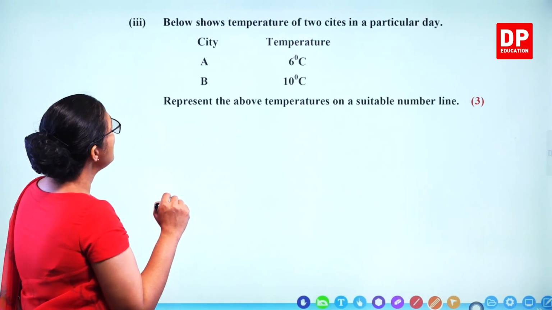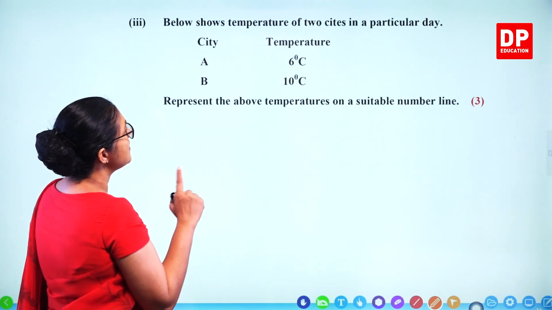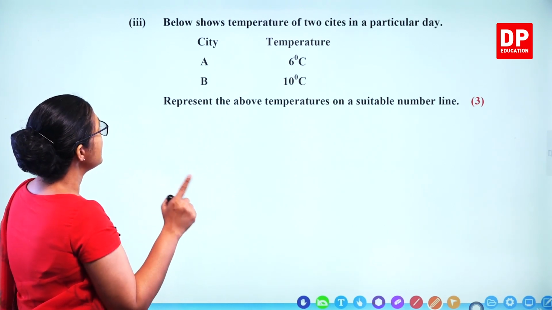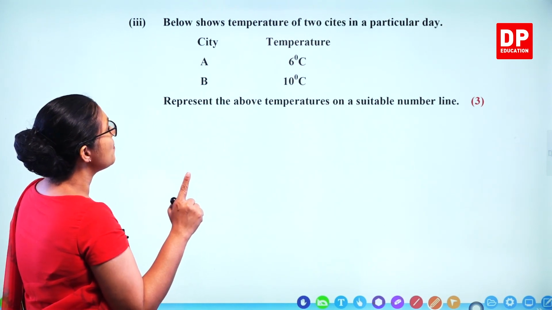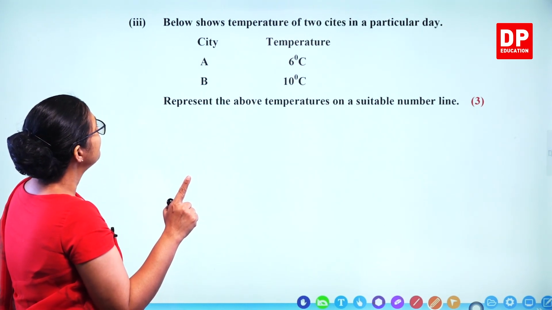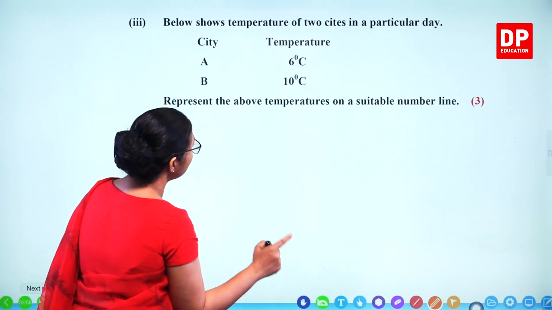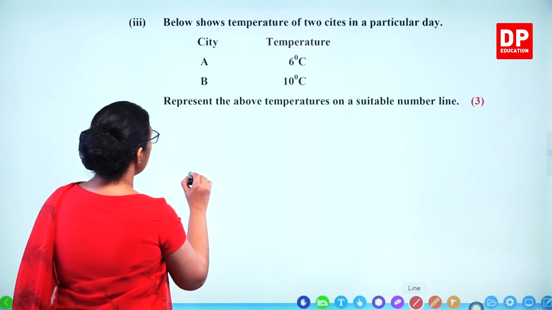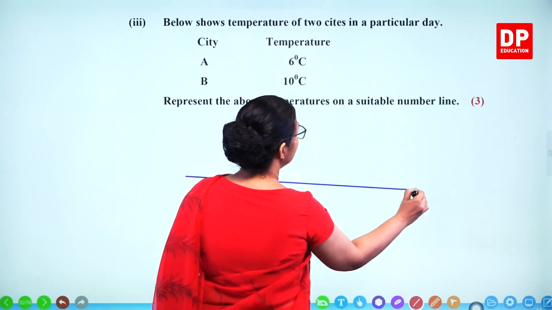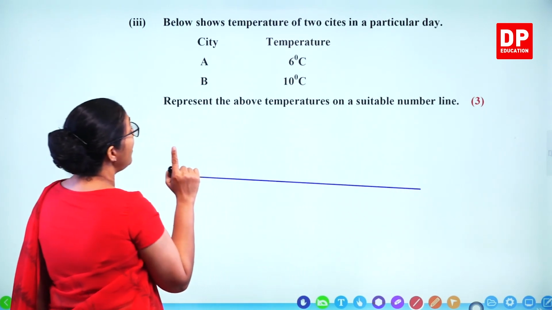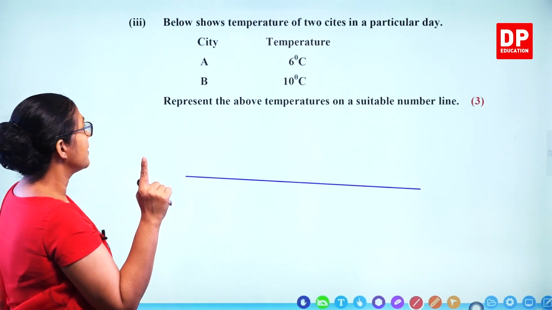Part 3. Below shows temperature of 2 cities in a particular day. City and temperature. Represent the above temperatures on a suitable number line. So we have to draw a number line and you have to show 6 and 10.